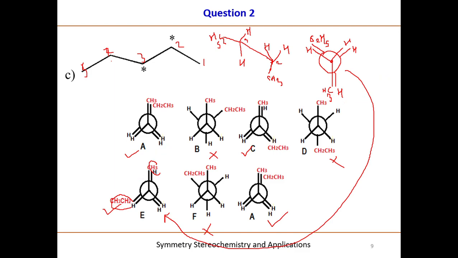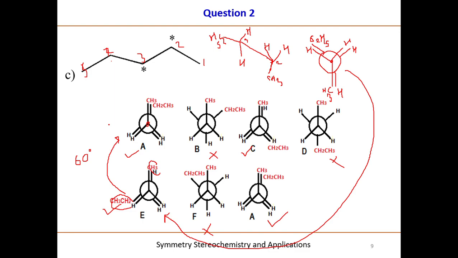But you can hold one carbon and rotate the other by 60 to get another conformation. Suppose I am holding the front carbon as it is and rotating the backside one by 60. By rotating only one carbon, C3, you can get different conformers of the same configuration.